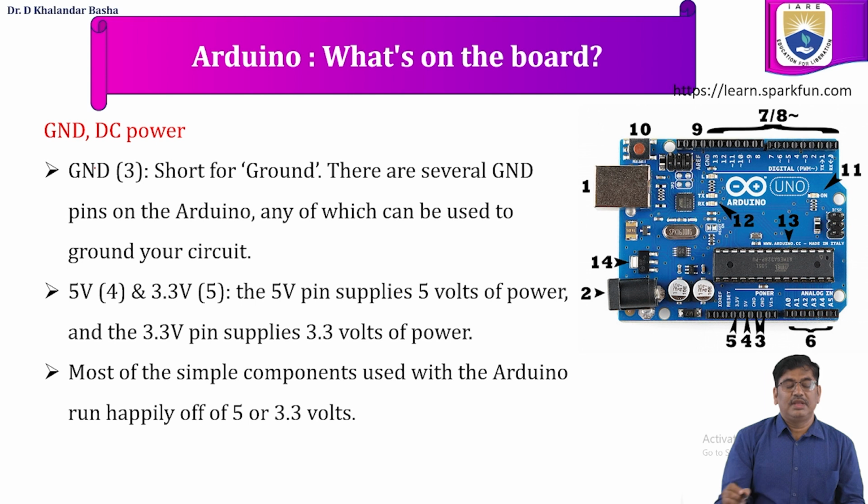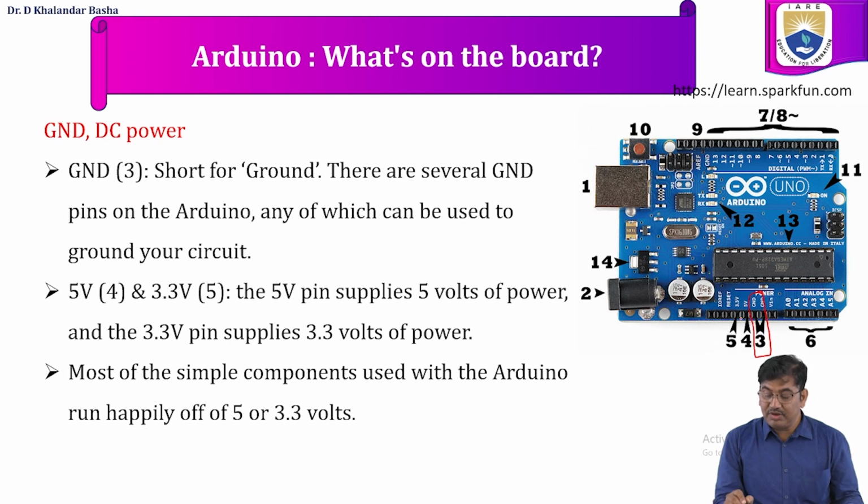Next we have the ground and the DC power supply sources for power. Here we can see the label 3, which has 2 ground pins. This is GND, short for ground. There are several ground pins on the Arduino, one of which can be used to ground your circuit.